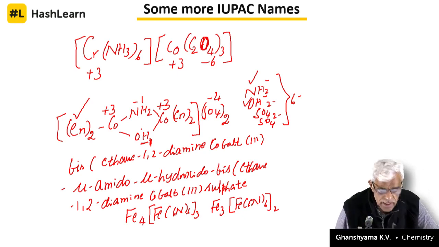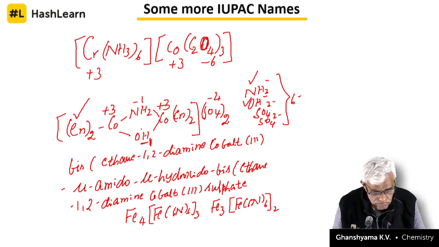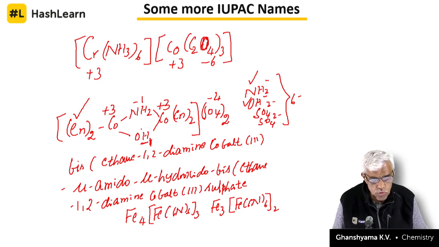Such a bridging ligand should be attached with the prefix mu.